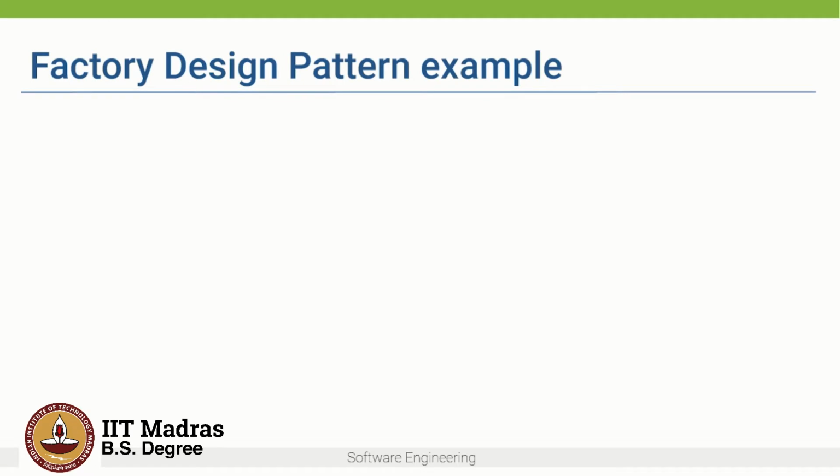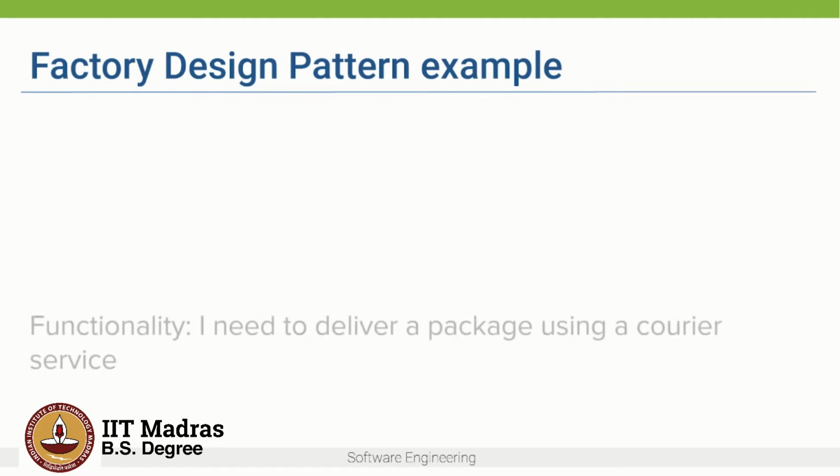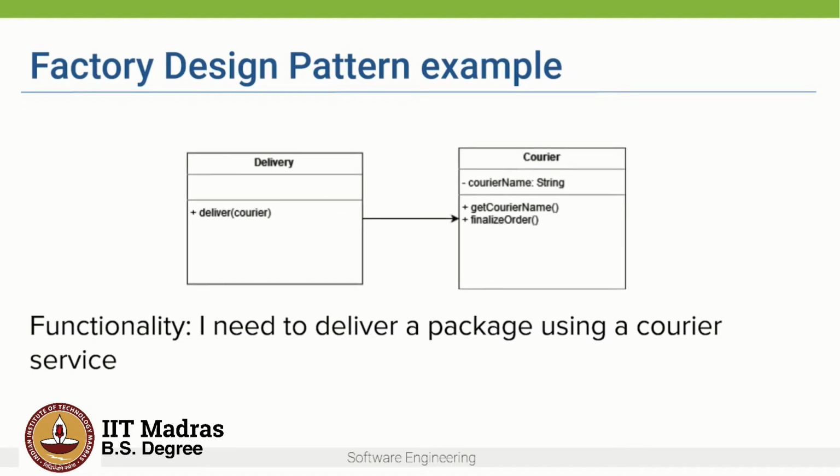Let's take an example of the seller portal itself. Let's say I want to implement a functionality where I need to deliver a package using a particular courier service. Looking at this functionality, you realize that you will need two classes.